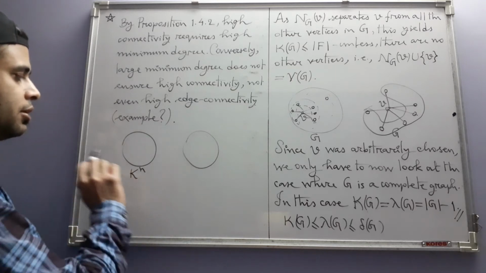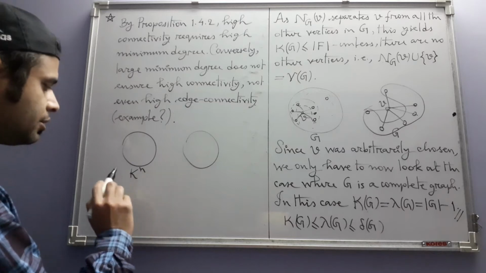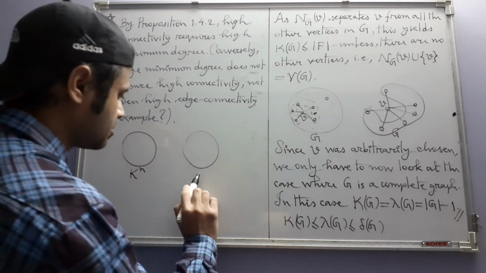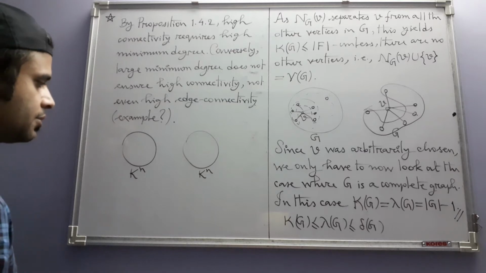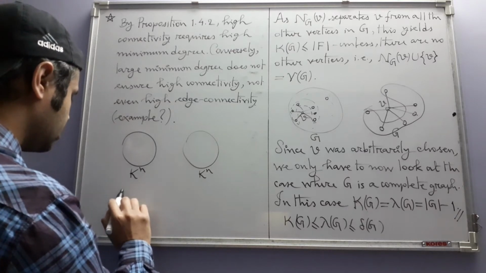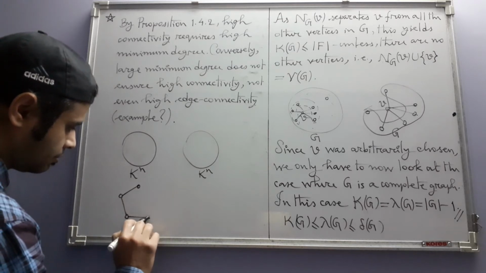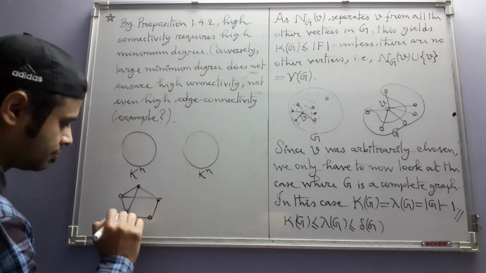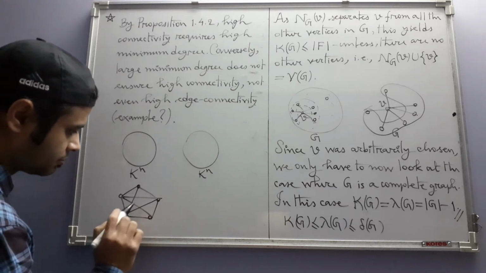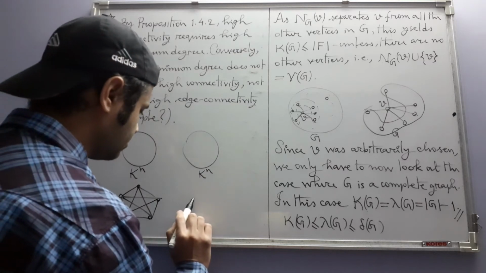Say you have the graph K_n, the complete graph on n vertices. Here also suppose you have K_n. As a concrete example, you can take say K5 and K5.